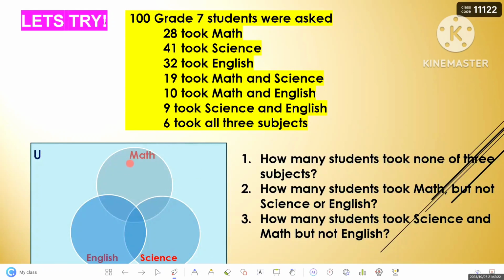Since we have 3 sets, math, English, and science, all you have to do is supply the answer of this Venn diagram using this given. Ano kaya ang laman ng center neto, neto, neto, ito, at ng ito sa kabuuan? At ano kaya ang sagot sa number 1, number 2, number 3.